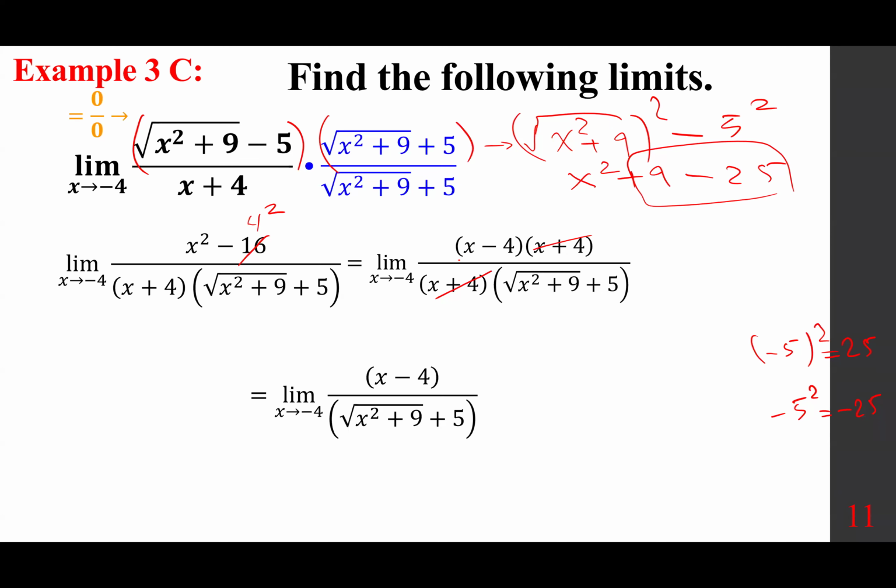If we plug in now, the top becomes -4, the bottom becomes the square root of -4 quantity squared, and we've already shown that that is 16. 16 plus 9 is 25, and so the top becomes -8, the bottom becomes +10. The final answer is -4/5.